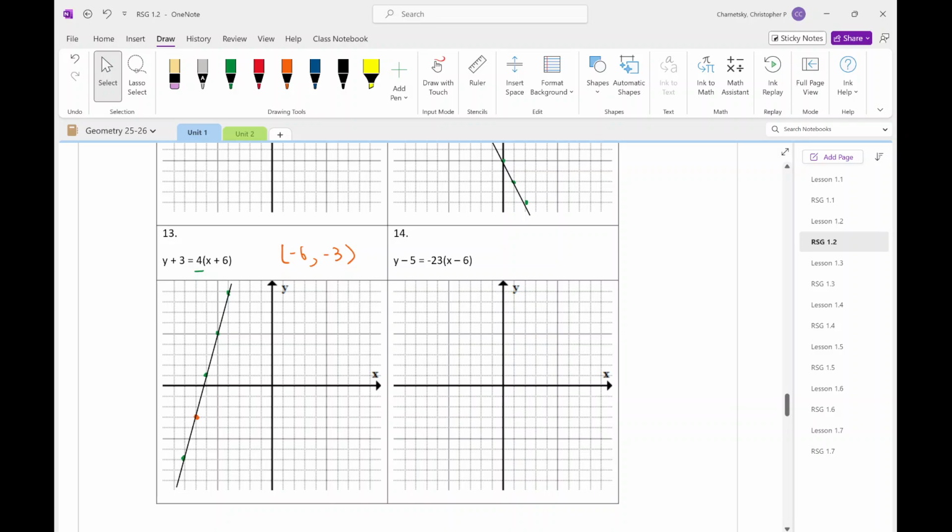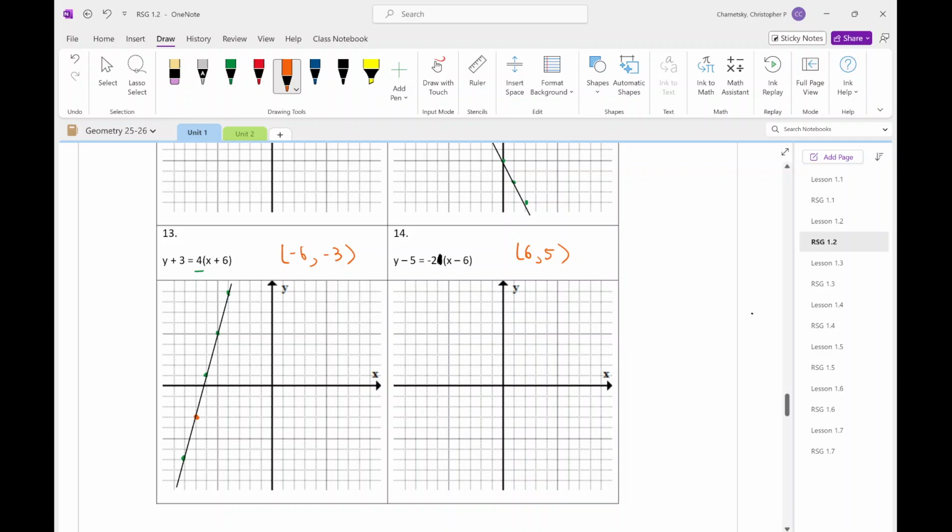Okay. Number 14, there's a typo here. It should be a slope of -2. We're going to get rid of that 3 and just make it a slope of -2. That'd be a very steep slope for us to graph. Not quite vertical, but still pretty high there. So let's plot our point, which is going to be at +6 and +5.